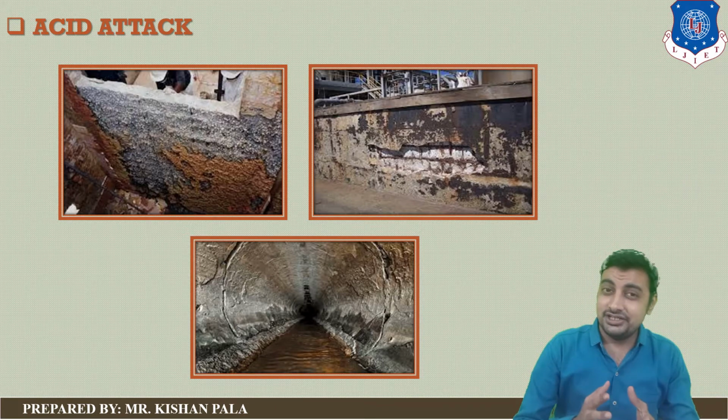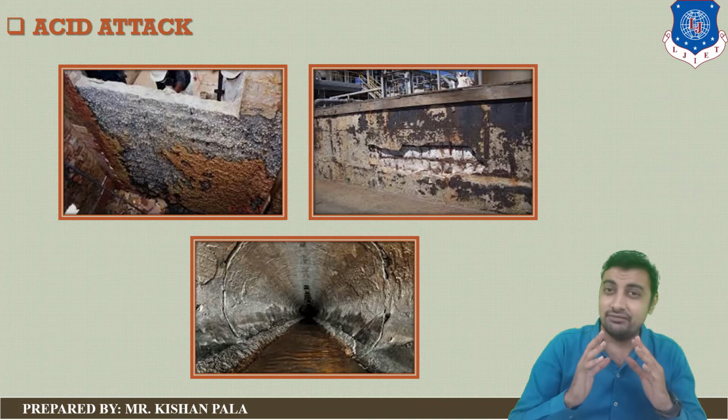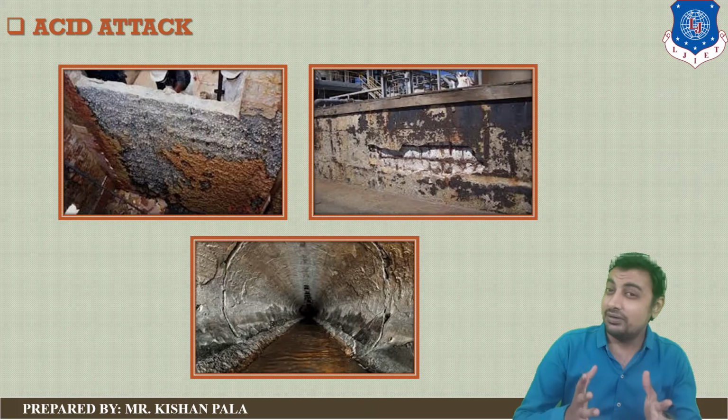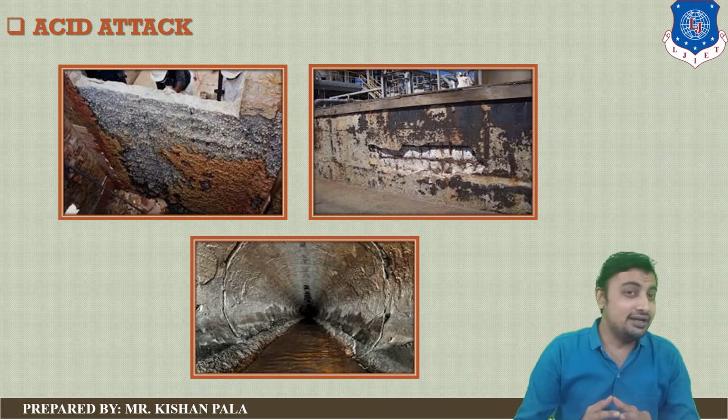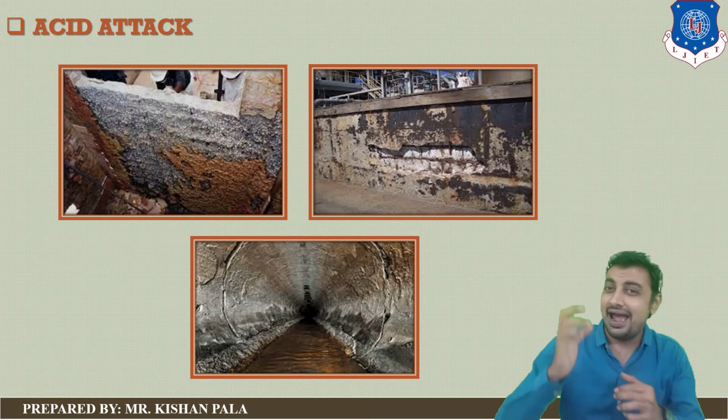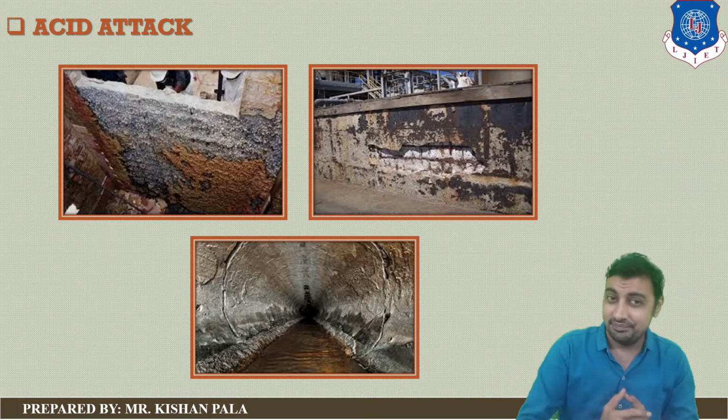In dam conditions, SO2 and CO2, meaning sulfur dioxide and carbon dioxide, affect the concrete by dissolving and removing part of the set concrete, and this form of attack occurs in chimneys.